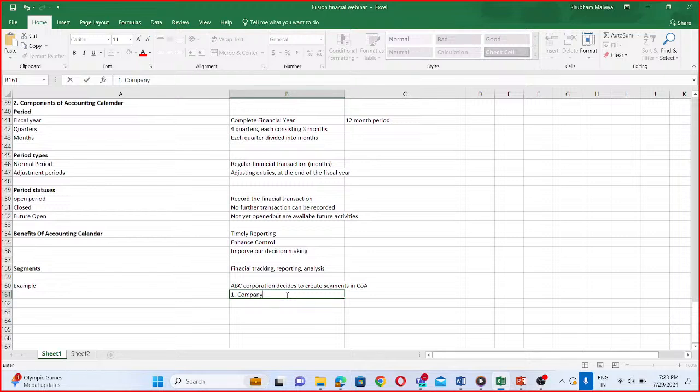Why the company segment? Company identifies the legal entity or business unit within the organization. So it is for identification.